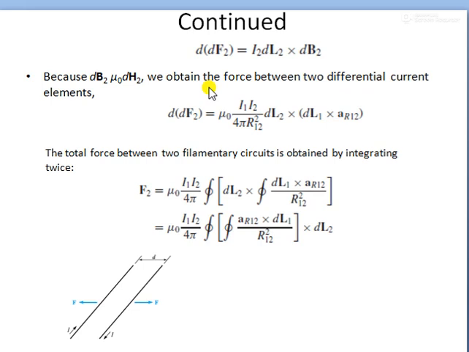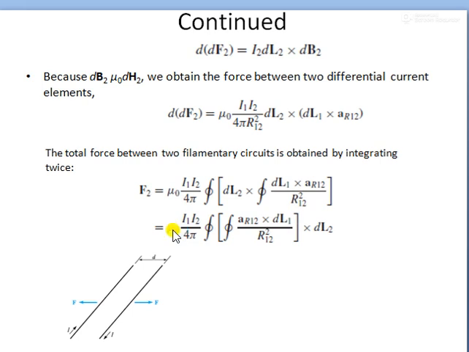Now the total force between the two filamentary circuits is obtained by integrating twice. So the double integration is equal to mu naught I1 I2 divided by 4 pi, the closed integral over L2 of dL2 cross the closed integral over L1 of dL1 cross aR12 divided by R12 squared.